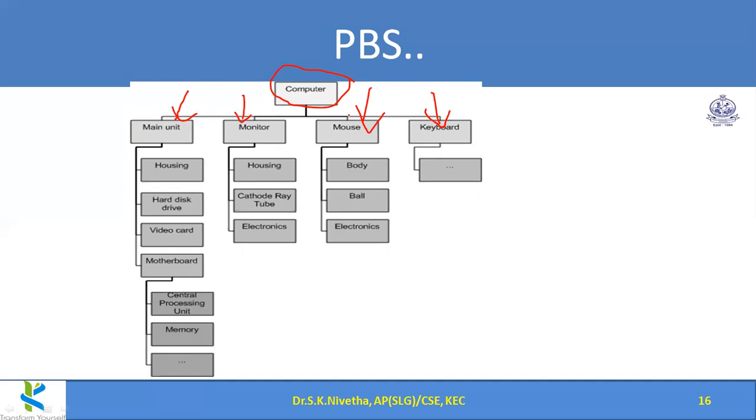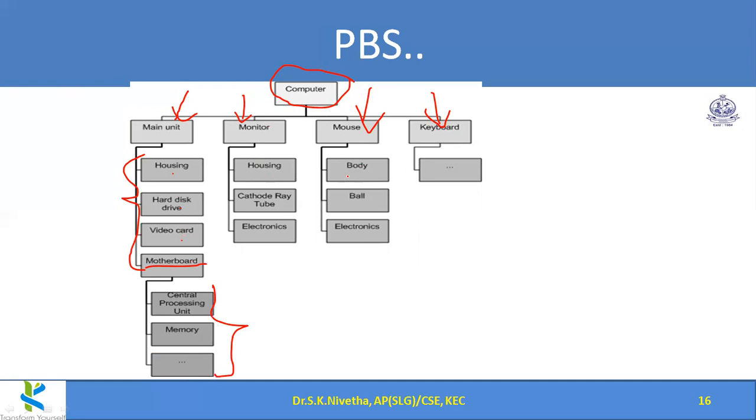And each product is listed. Under the main unit, what are all the sub products? And under these sub products, is there any further split up? For housing, hard disk drive, video card and all, no further split up. For motherboard, yes, there are further split ups. Likewise, for each of the products, what are the sub products? This is the product breakdown structure.